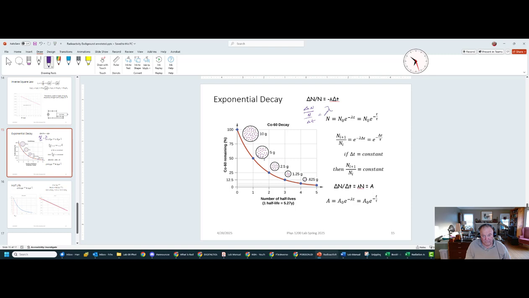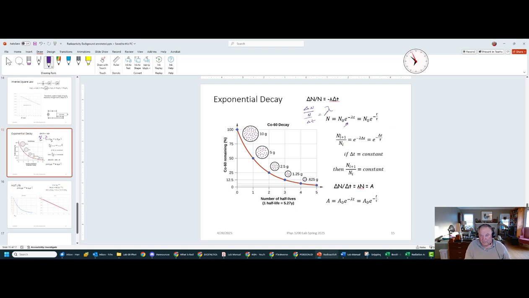And so if you plot that, it looks like that. If this is the case, you end up with this. It's just a rule of calculus. It's differential equations. I guess you integrate that. I'm so tired right now.